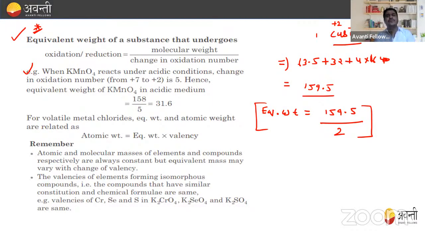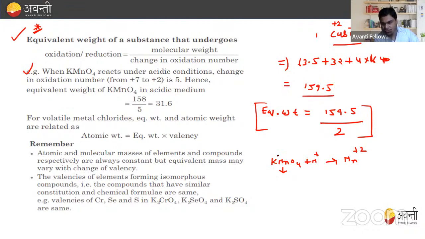Now, when KMnO4 reacts under acidic condition, the change in the oxidation number observed from +7 to +2 is 5. For example, here KMnO4 is present in acidic medium, and if they give Mn2+, just remember this. Can anyone calculate the oxidation number of Mn here?